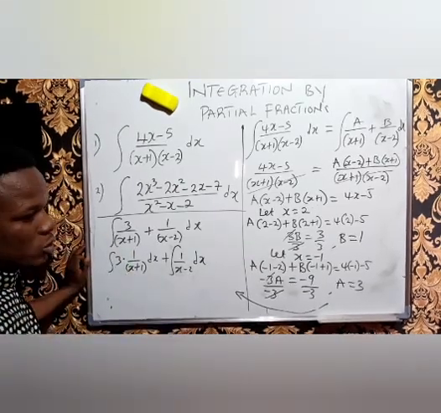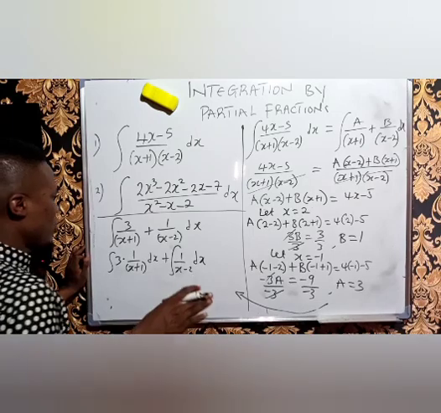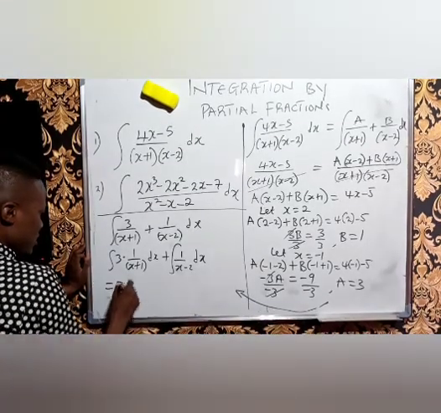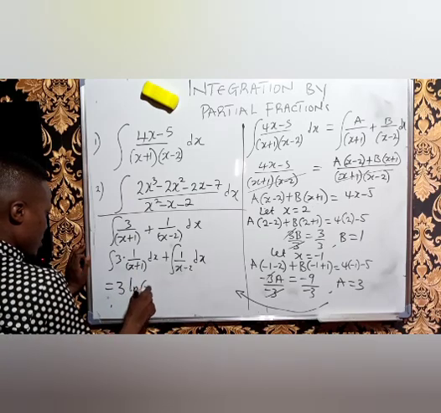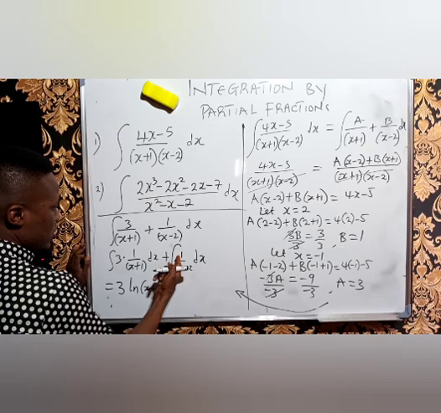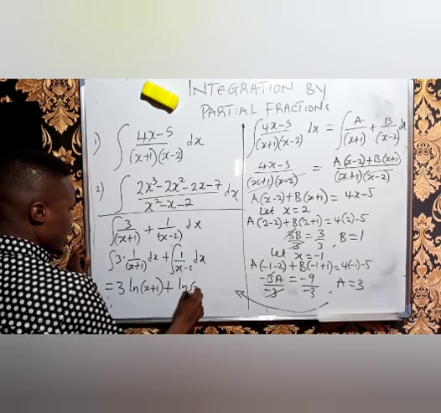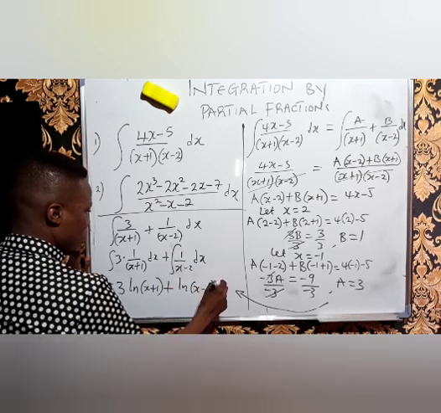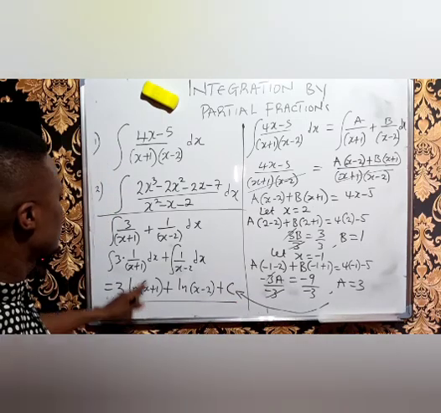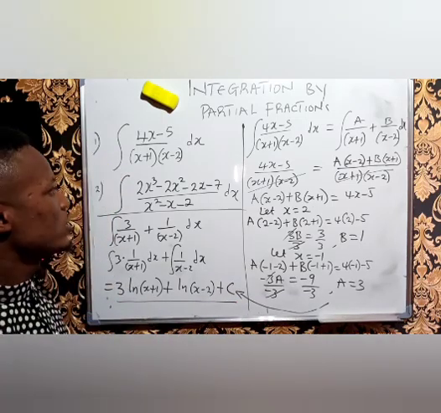So that's why I said you go and learn the basic integrals if you want to succeed here. So the answer here will now be 3 ln of x plus 1, plus ln of x minus 2, plus the constant of integration. So this is just the answer to this number 1 question.